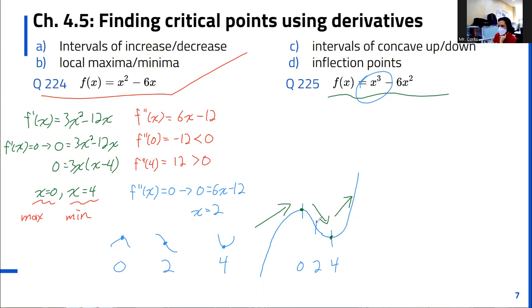Also with our second derivative here, we have just one inflection point. So we can see it's curving down up to that inflection point, and then it is curving up after that inflection point.